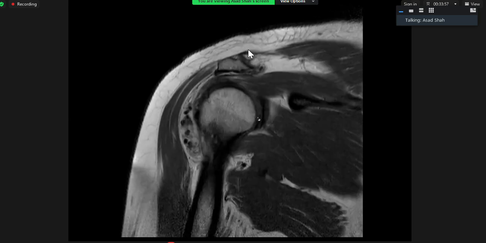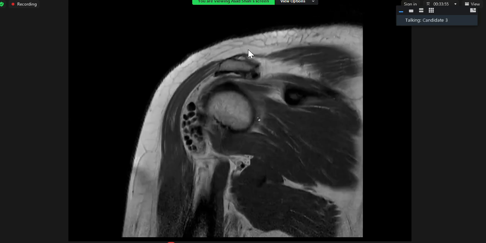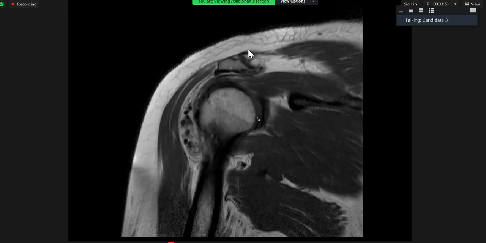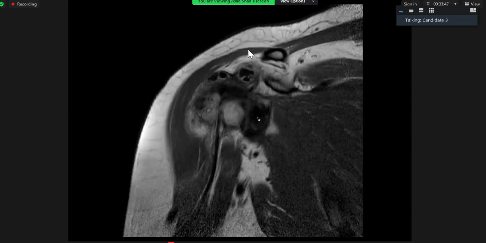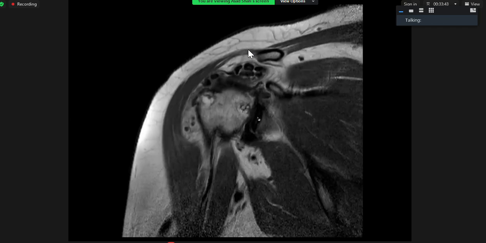Are they in the joint or in the bursa? They are looking in the bursa. So is your differential going to remain the same or is it going to change? Synovial osteochondromatosis is my top differential in this case. But they're not in the joint.